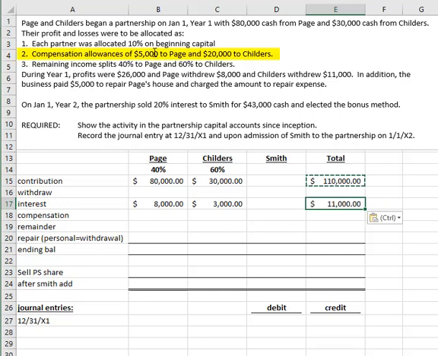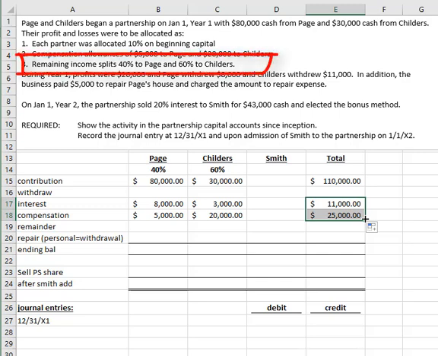Okay, and then they say compensation allowance, $5,000 goes to Page and $20,000 to Childers. And now they tell you that the remaining income splits 40-60 to Page and Childers. And so we've already allocated $36,000 of income here based on the partnership agreement.